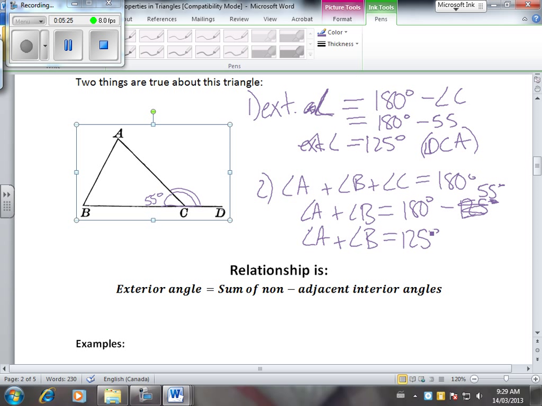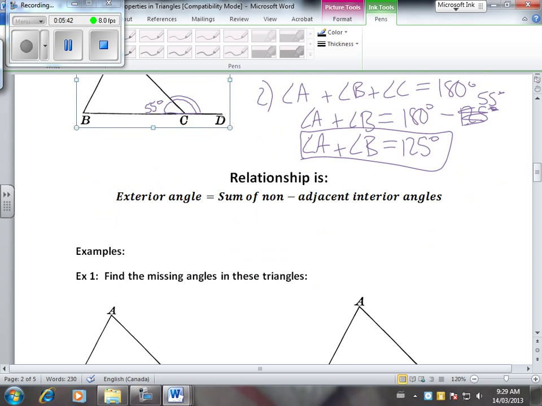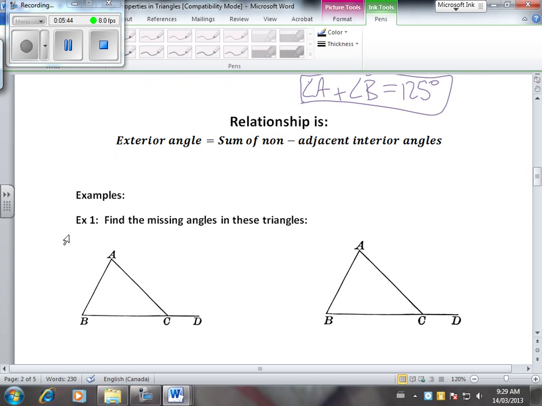We don't know what equals what, but that would be their total amount. So those are the two things that we can tell just with one angle in this triangle. So the exterior angle, DCA, equals the sum of the non-adjacent interior angles. Okay, and these are all just assumptions that we can work with to make our lives a little bit easier.